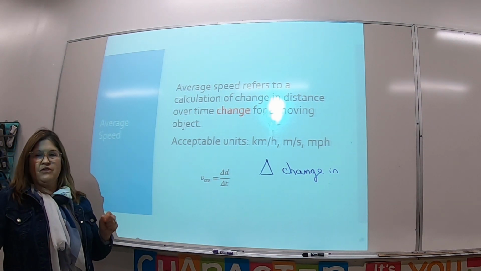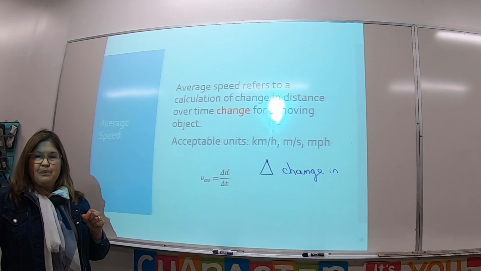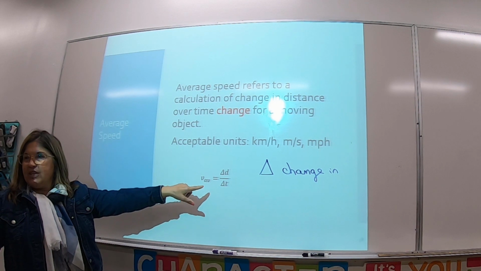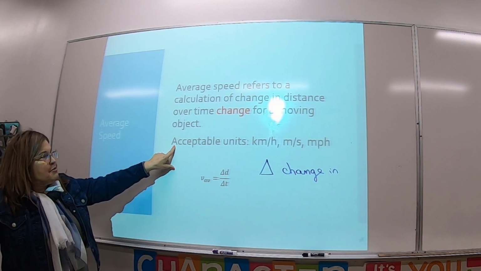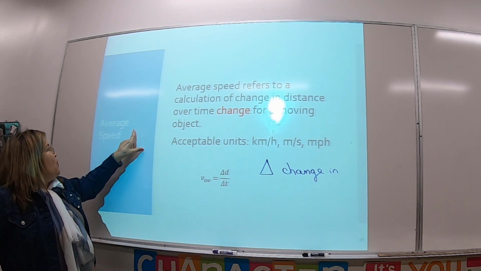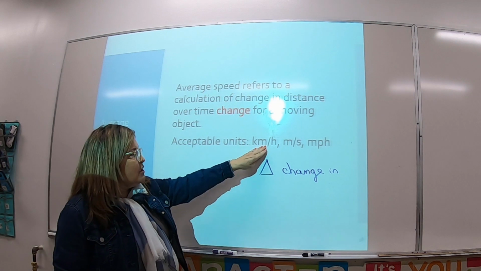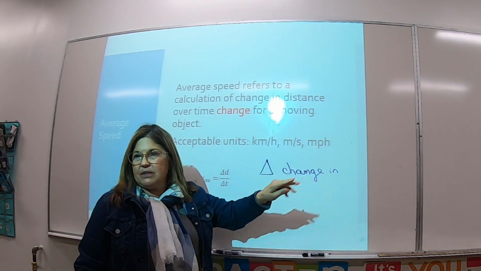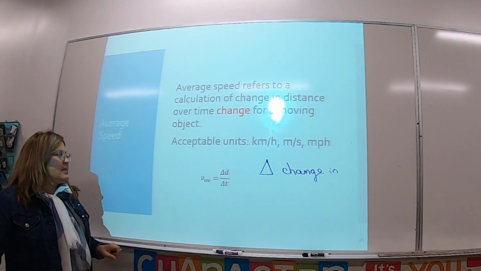We'll talk about velocity, we'll talk about acceleration. This one is delta d, change in distance. And acceptable units, again, for average speed, are still kilometers per hour, meters per second, and miles per hour. They're all good speed units.